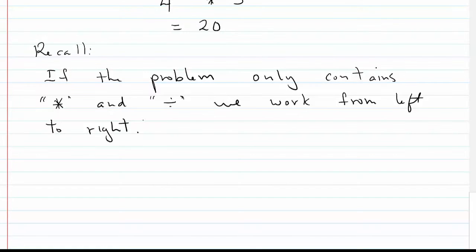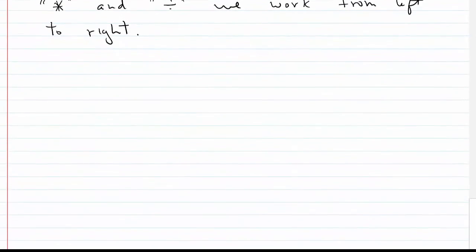So it is very important that before you start working any problem with sign numbers, you look at the problem first, or you look at every step in the problem and see what operations are there.